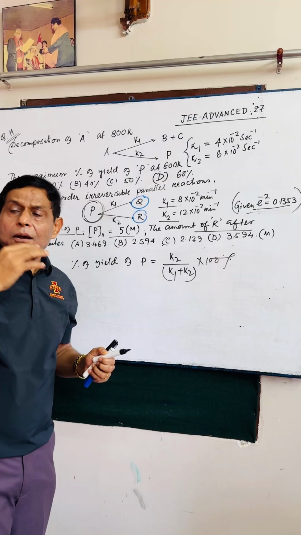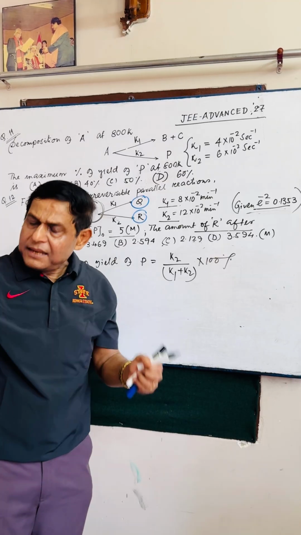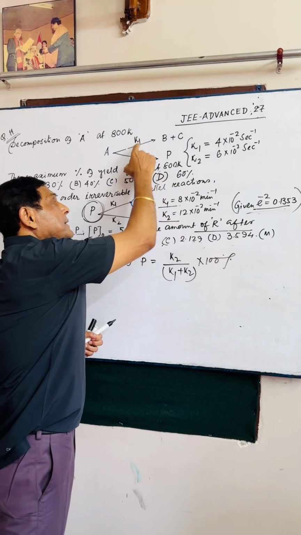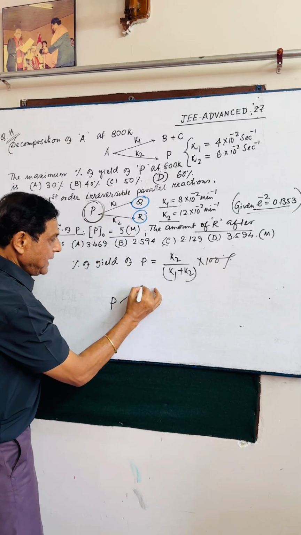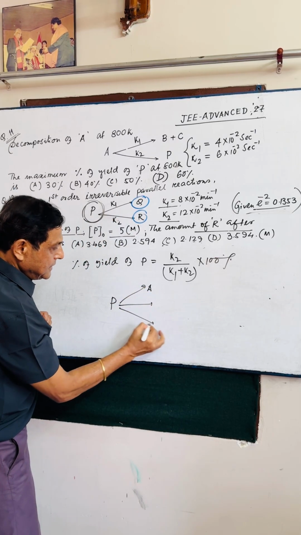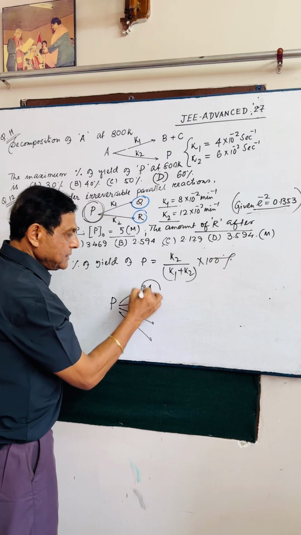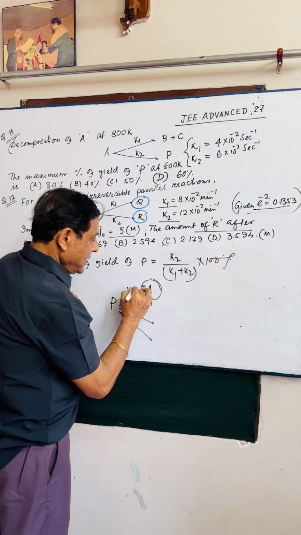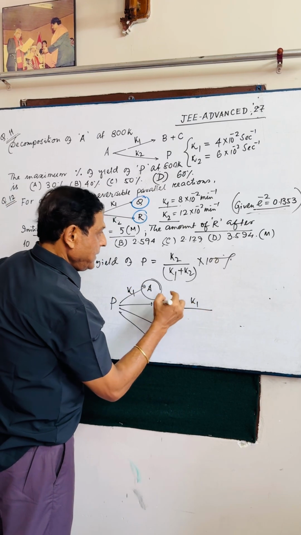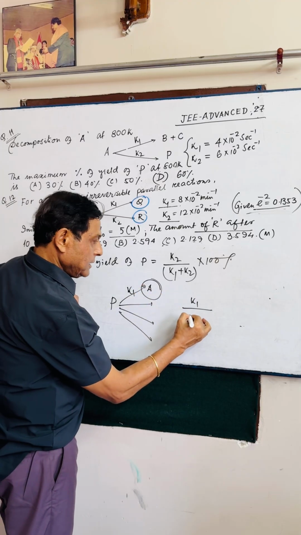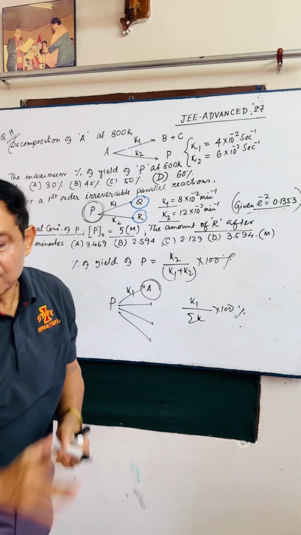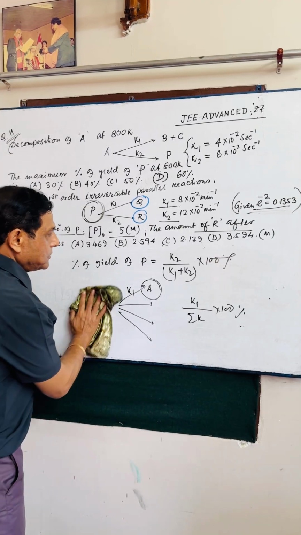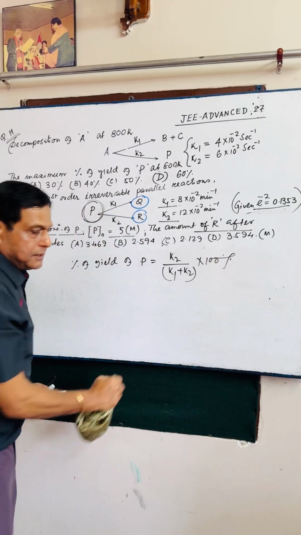In any parallel reaction of any order, it is just this by this plus this. If the reaction takes place this way, A giving B, C, D, etc., then the yield is K1 by the summation of K into 100. It is applicable for any parallel reaction. I will tell you the trick why it is so.